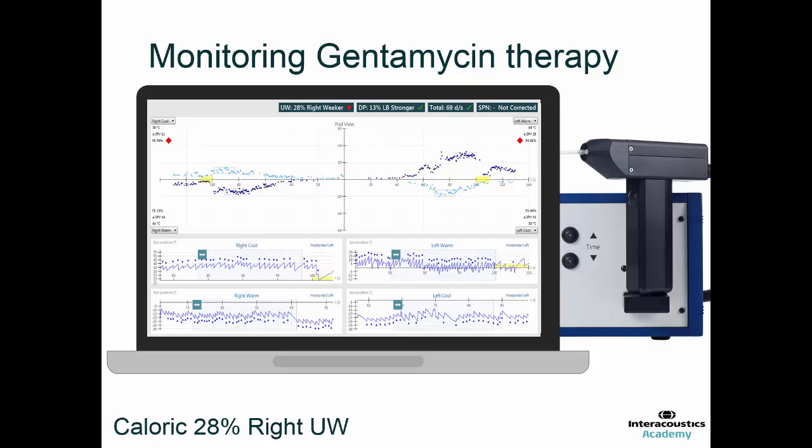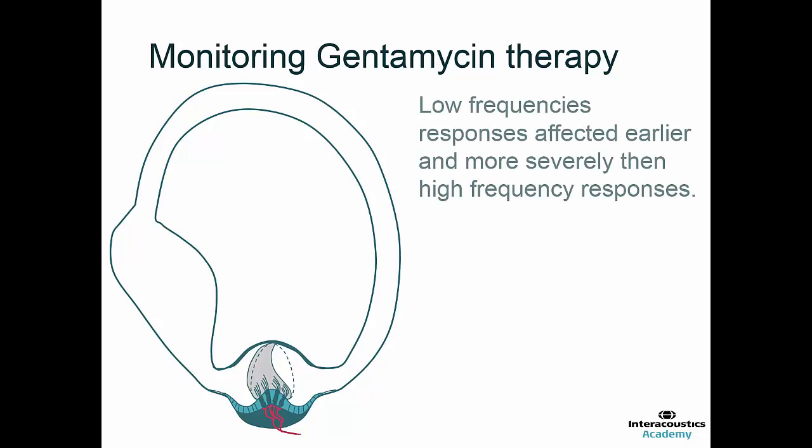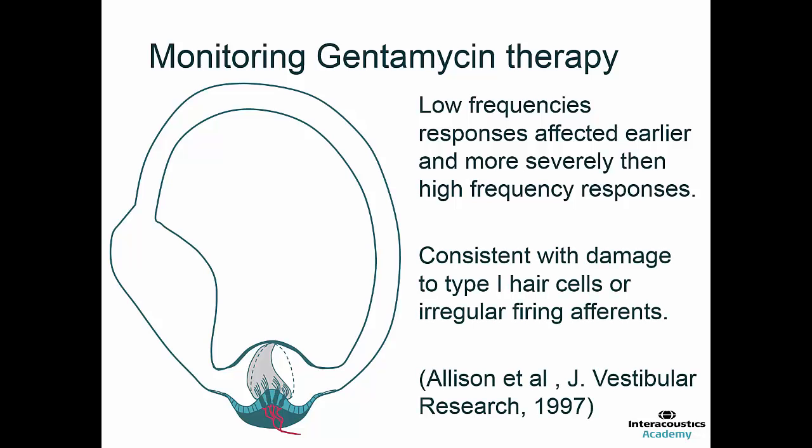This prevents the clinician from providing an overdose and makes sure that they fully understand what's happening after each course of the therapy. So low frequency responses with gentamicin are affected earlier and more severely than the high frequency responses. And this is consistent with damage to type 1 hair cells or irregular firing afferents.